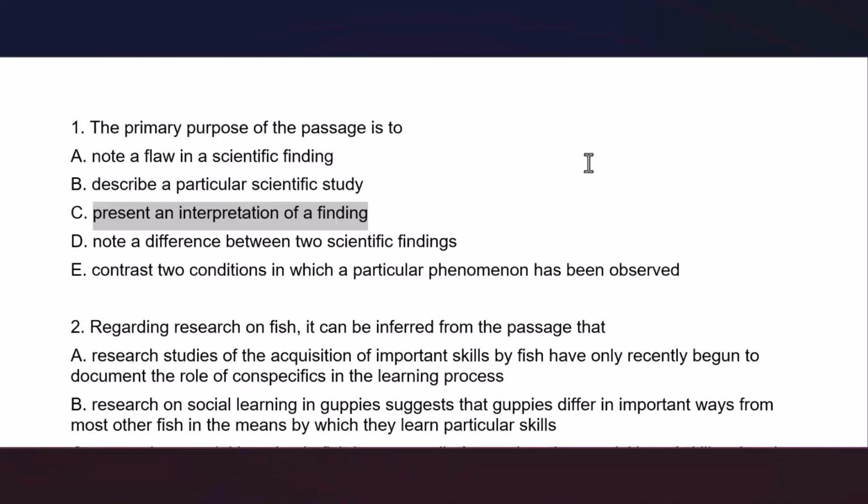And the author wants to mention that this study is so important, and mentions an example of such a study and its interpretation. So C is not the primary purpose, but it is a purpose of the passage, and obviously it is rejected.